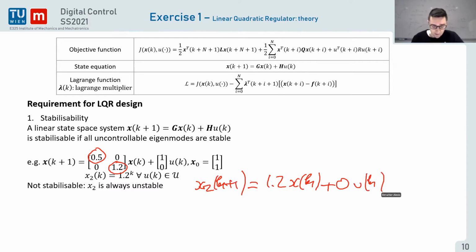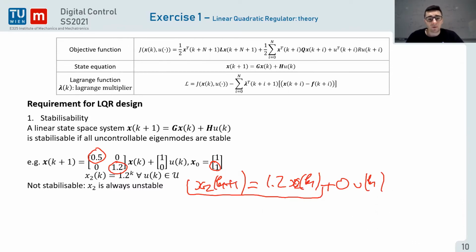That means that x2 is only a function of itself, basically, so x2 will always increase. If x2(0) is 1 at the beginning, then whatever u we choose, the system will be unstable.